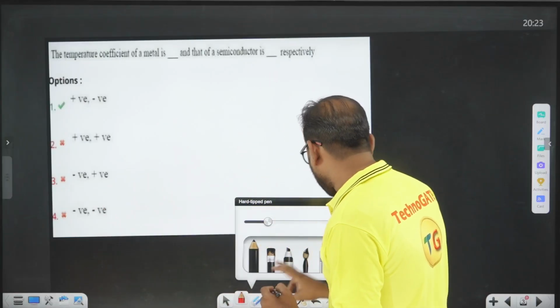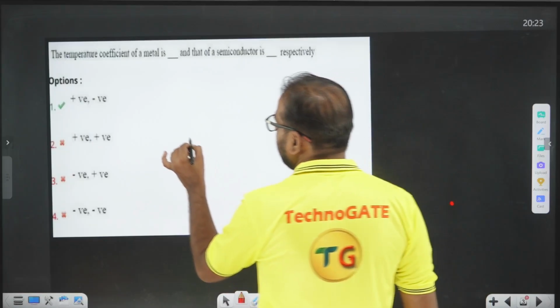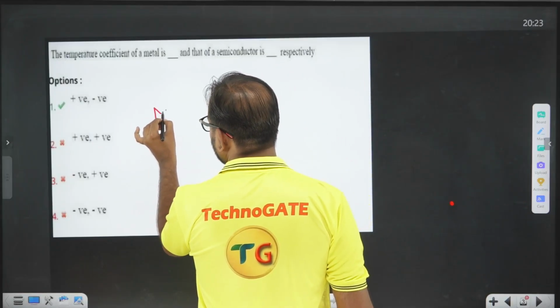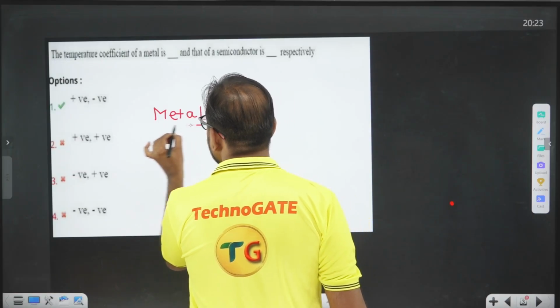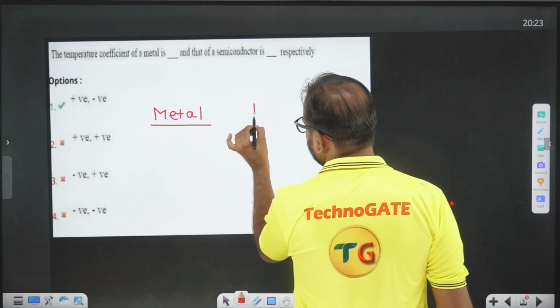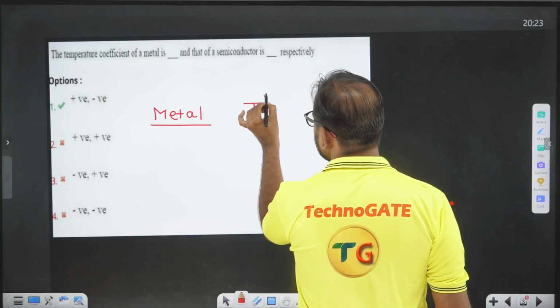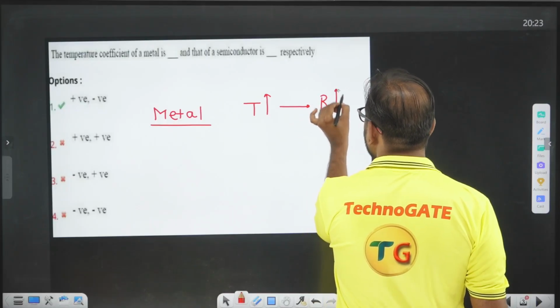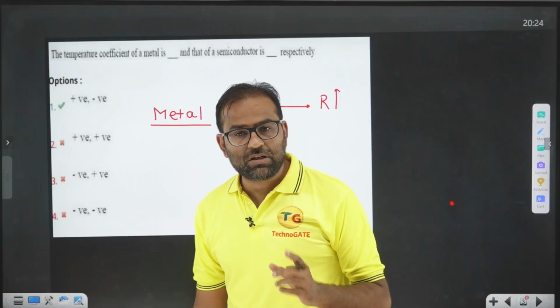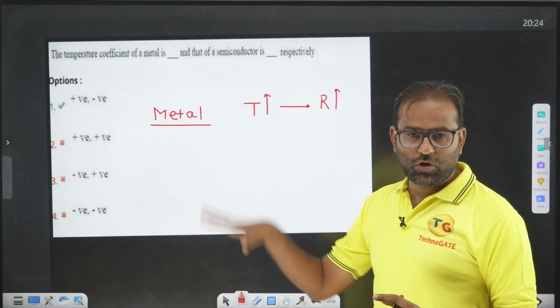So how will you write this? In metal, if temperature is increased, resistance will also increase, because the higher concentration of electrons will vibrate.